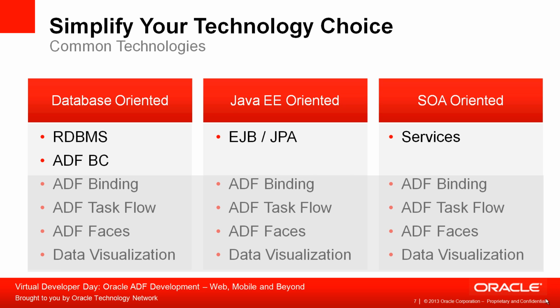And the application developer, through the data control, will still work with ADF bindings, task flow, ADF phases, and data visualization. They don't need to bother about the technology that you use as a back-end side. So this is the simplification of your technology choice. Just start from the back-end and then work upwards to the application layer.